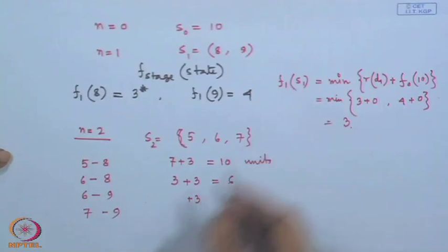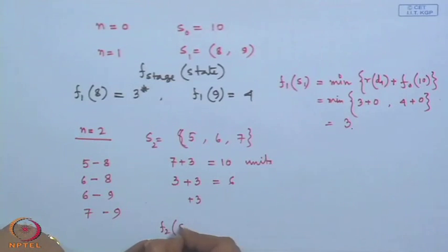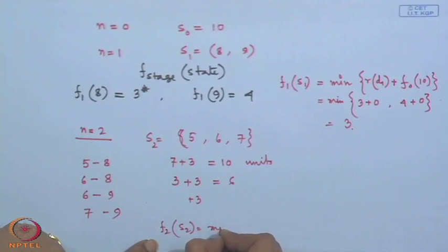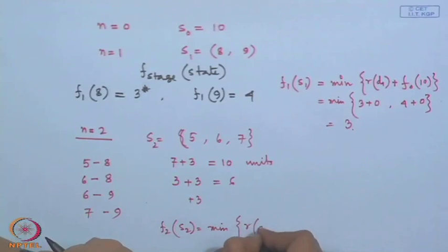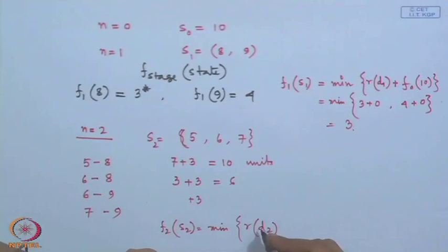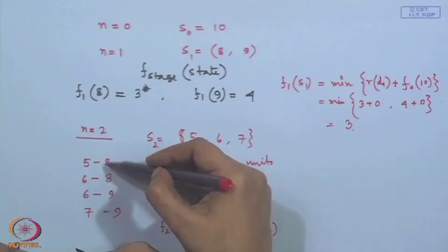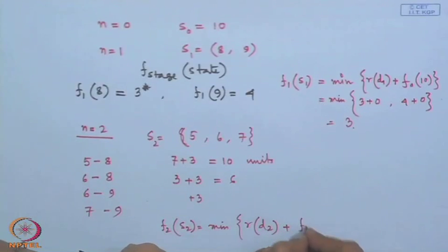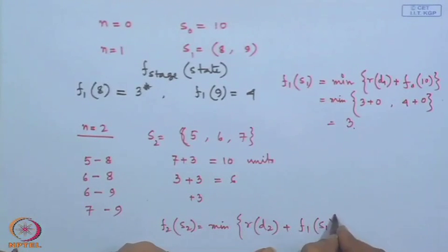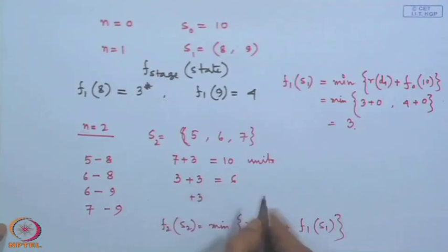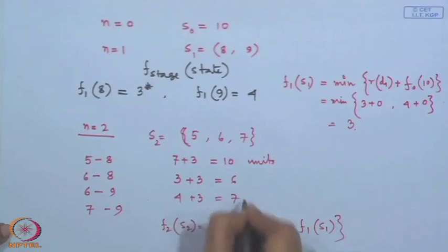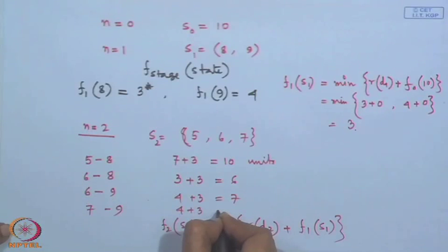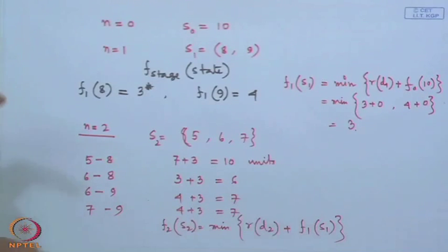If I write down the equation, it is f2 s2 is equal to the minimization of RD2, that means the decision; D2 can take either of these values, these are the 4 alternatives it has, and f1 s1 we have already got as 3. These are the values for us, and this is 4 plus 3 is equal to 7. Then certainly this is optimal for us, 6 is the optimal at this stage.